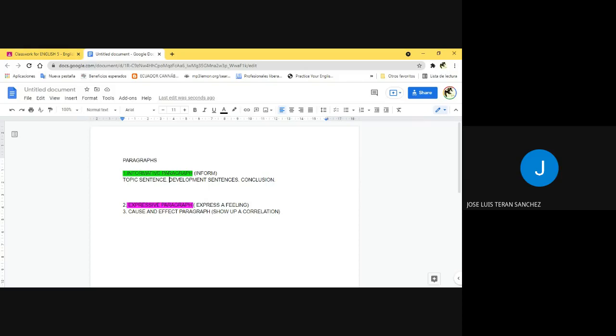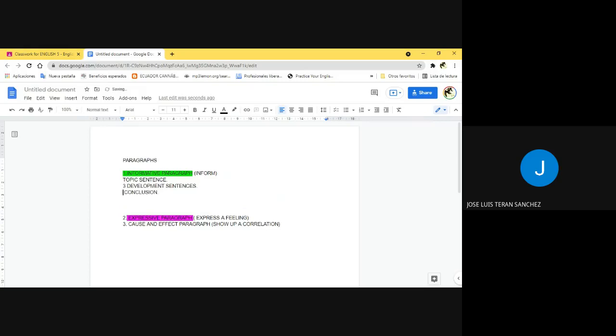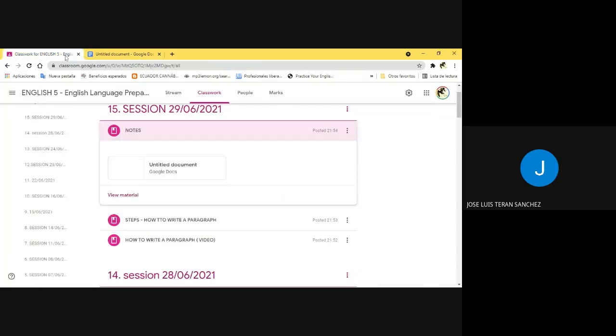You start with a topic sentence, then 3 development sentences, and then we need 1 conclusion sentence. Like in the example that we have already checked. Okay, now we're going to start practicing.